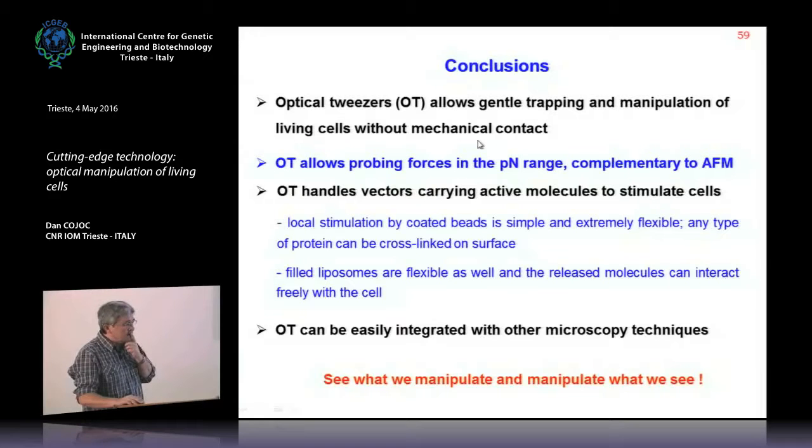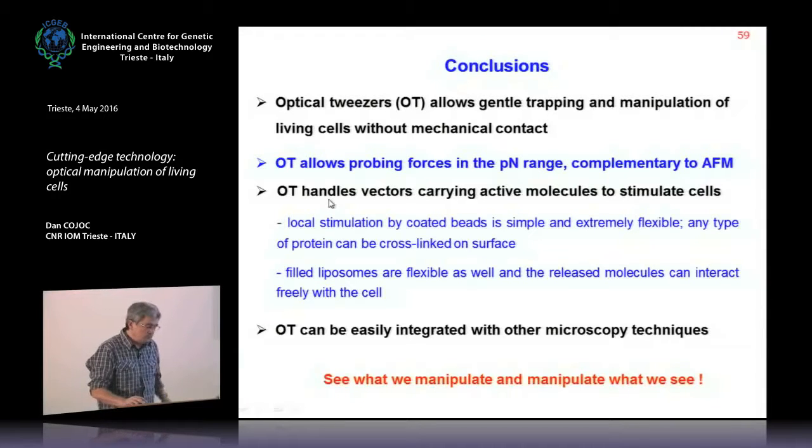So in conclusion, we can say that optical tweezers allow gentle trapping and manipulation of living cells without mechanical contact, and allow probing forces in the piconewton range, complementary to AFM, where we have tens of piconewtons, hundreds of piconewtons, and nanonewtons.